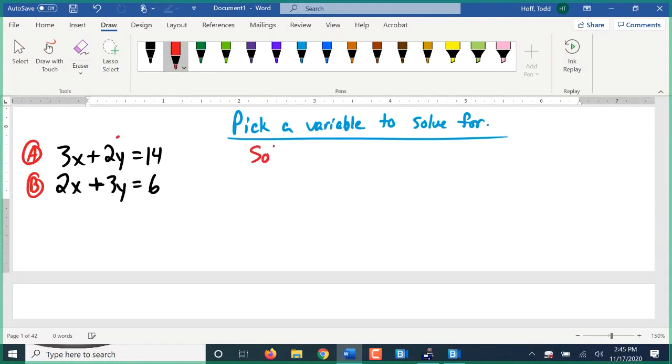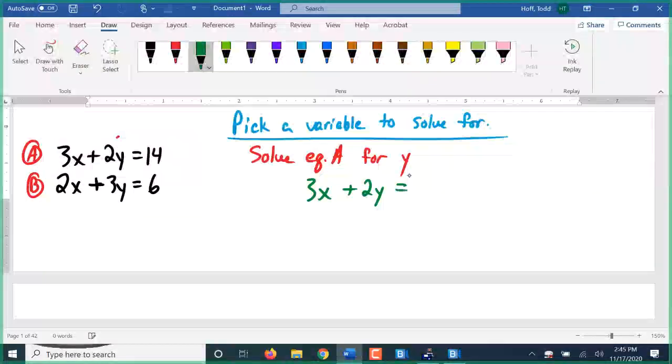We're going to solve equation A for the variable y. Like I said, we're doing that because y has a coefficient of 2, so when we solve it, we're going to be dividing by 2, which is not going to give us any really weird repeating decimals. So to solve that for y, I'm going to subtract 3x.